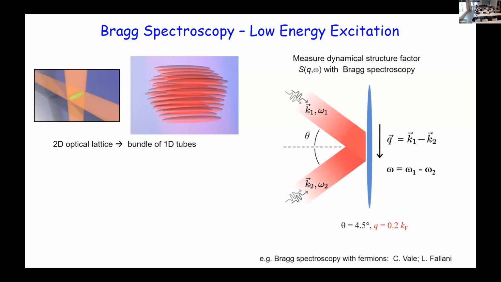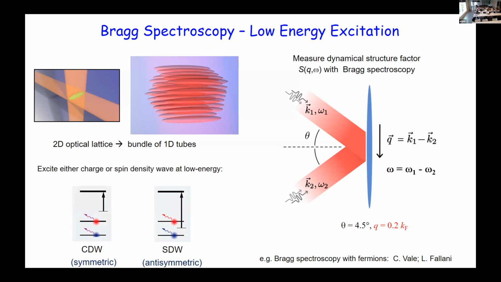So we shine light at a particular angle and a particular wavelength, and that corresponds to a momentum transfer along this tube direction. And in our case, that momentum is about 20% of the Fermi momentum. So it's a very low energy. It's not zero energy, but it's a very low energy excitation.